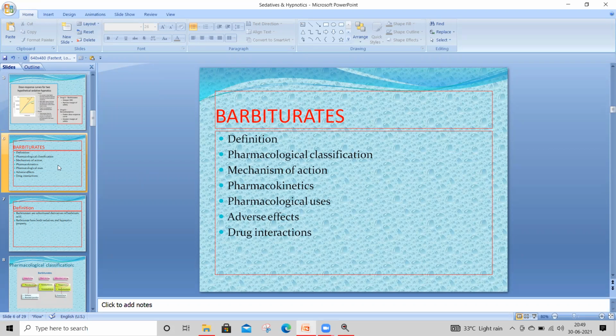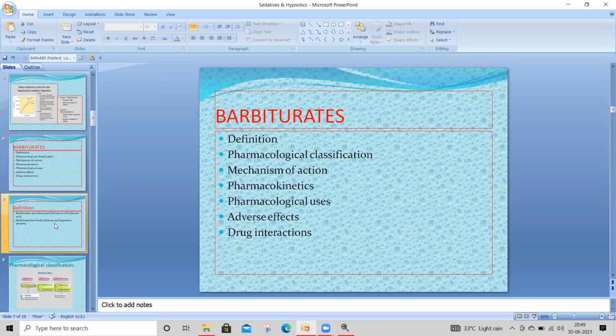For that you have to know definition, pharmacological classification, mechanism of action, pharmacokinetics, pharmacological uses, adverse effects, and drug interaction. These things you have to know. It is very very important. In case of barbiturate also you have to know this.